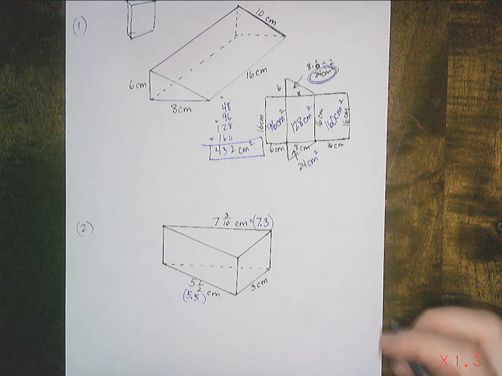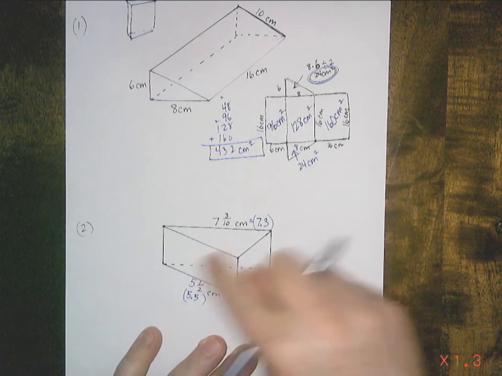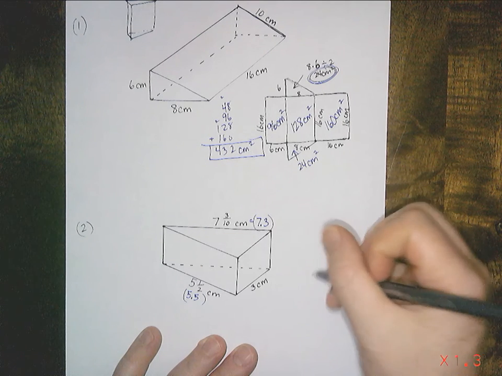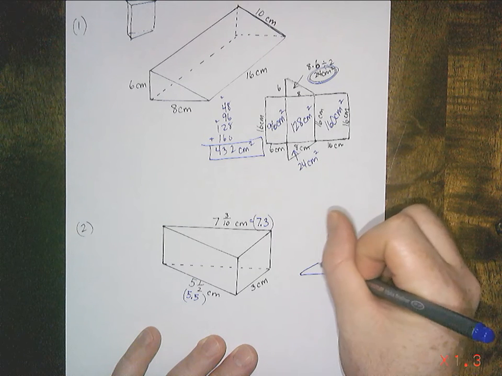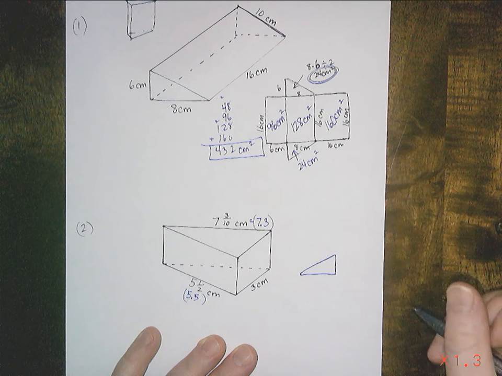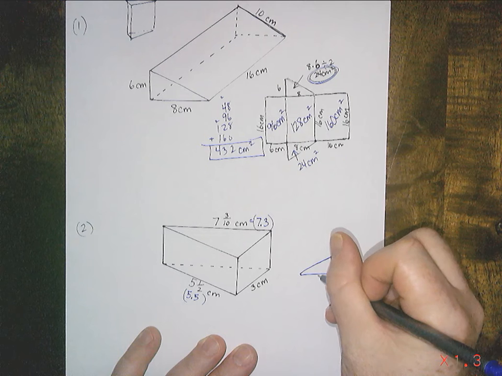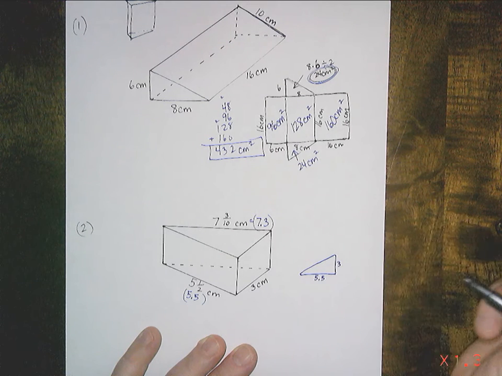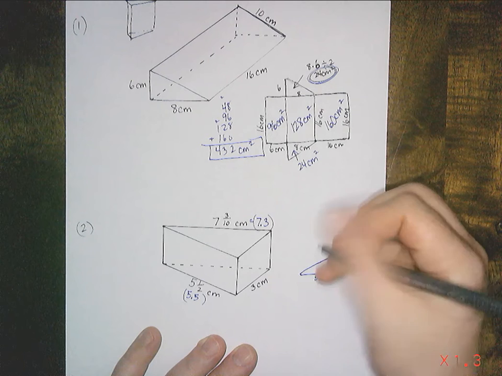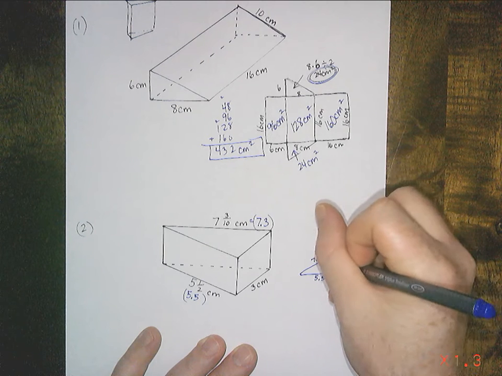So same thing here, the base is a triangular prism again, so we can draw that like this. This is 5.5. This is 3. You see the 7.3? That'll go right here.